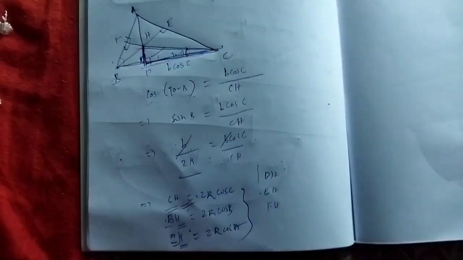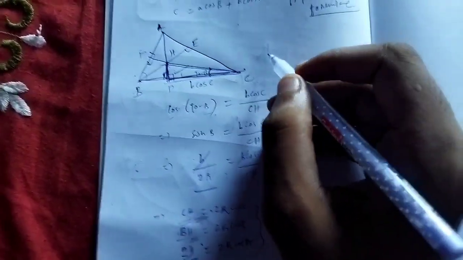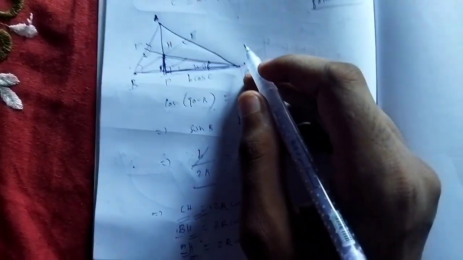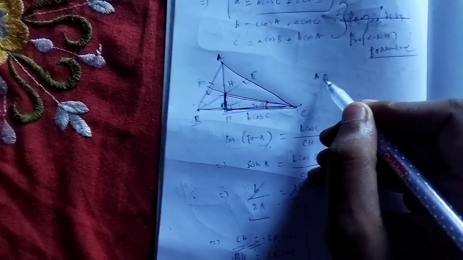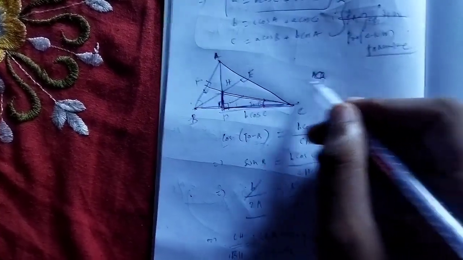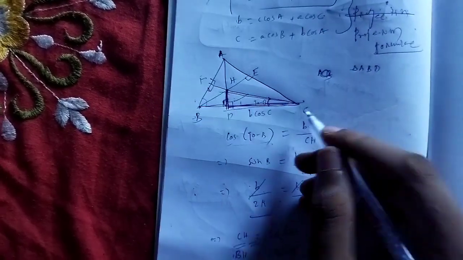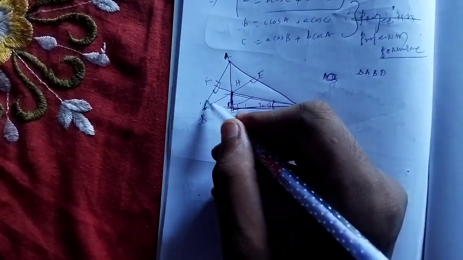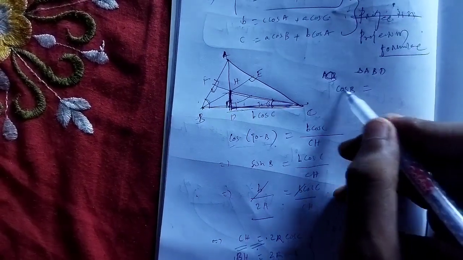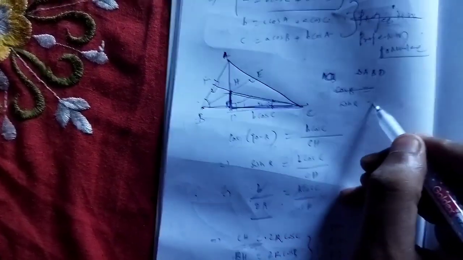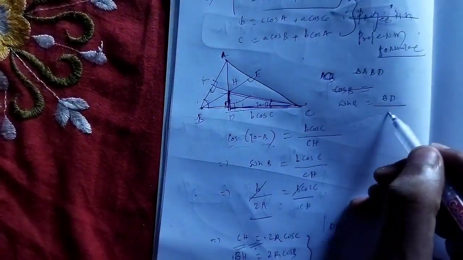Let us try to find the lengths of the altitude. How can we find the lengths of the altitude? Length of the altitude AD: from the right angle triangle ABD, this is B. Let us find sin B equal to AD by AB. It is c.